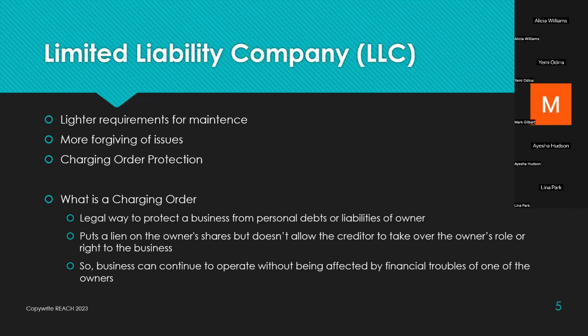Whereas with S Corps and C Corps, if somebody gets a judgment, there are actually ways to force the sale of some of your assets, some of your position in that, and they can step in and tell the corporation what to do to a certain extent, because there is no charging order protection. Most of the time we don't use this, but it is a strong benefit when we do.